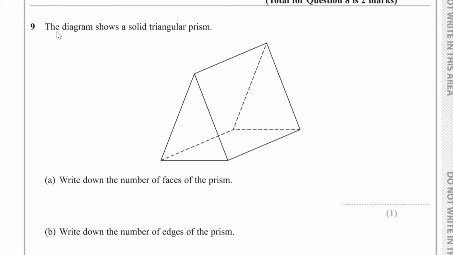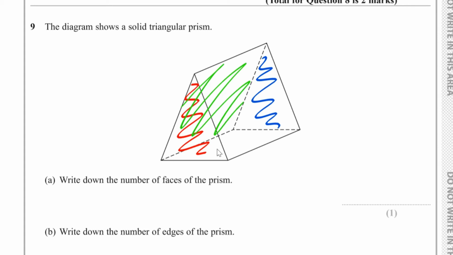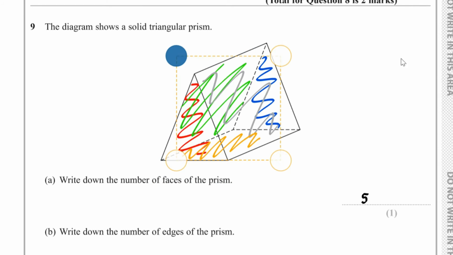Question number 9. The diagram shows a solid triangular prism, and for part A we have to write down the number of faces in the prism. Well, we've got one at the front, one at the back, then we've got this side, then we've got this side, and then we've got the bottom. We've got 1, 2, 3, 4, 5. We have 5 faces of this prism.